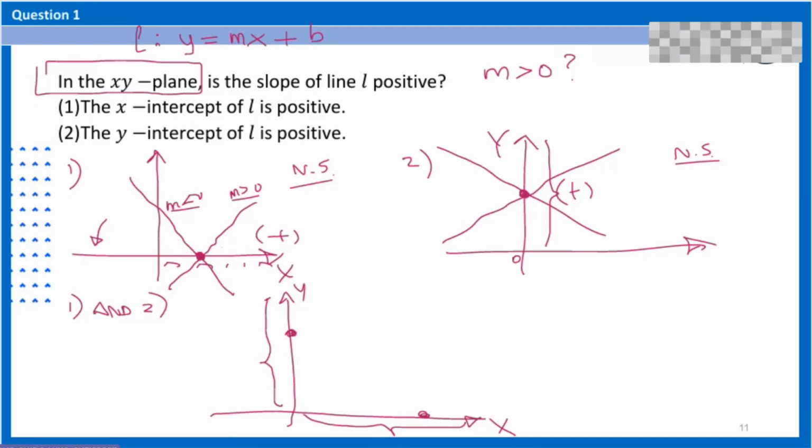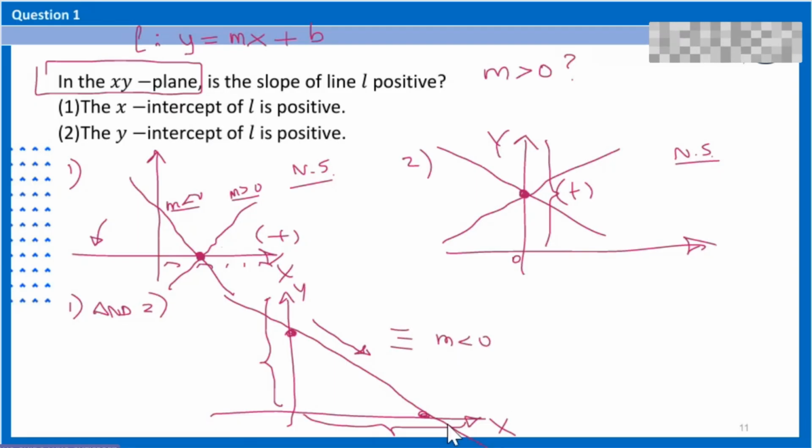But if you just pick a point in the upper half of the vertical axis and the rightmost half of the horizontal axis, you will have a line with what kind of orientation? It will always be declining or descending from left to right. That's equivalent to a negative slope.